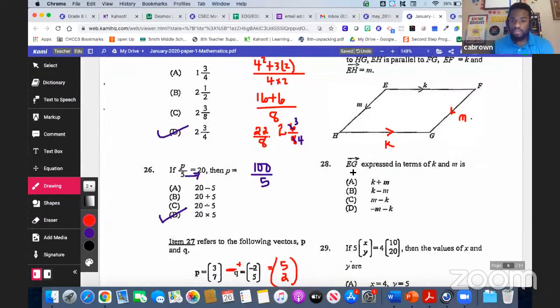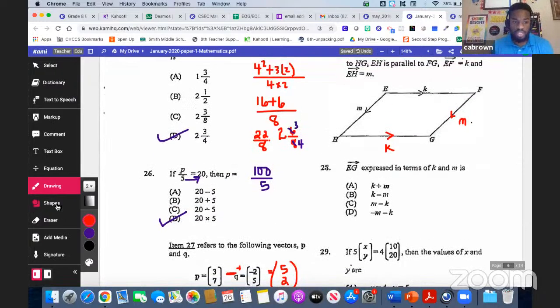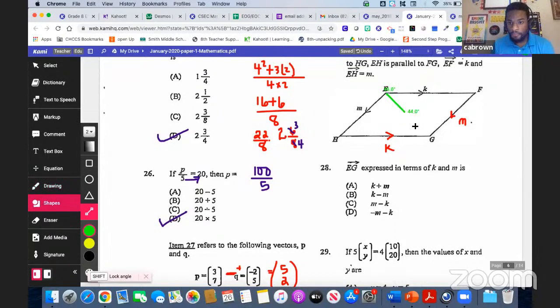Evaluate EG. We need to find EG. EG is right here. We can find EG in two ways. We can go this way. So that's going to be M plus K. M plus K is in our answer.